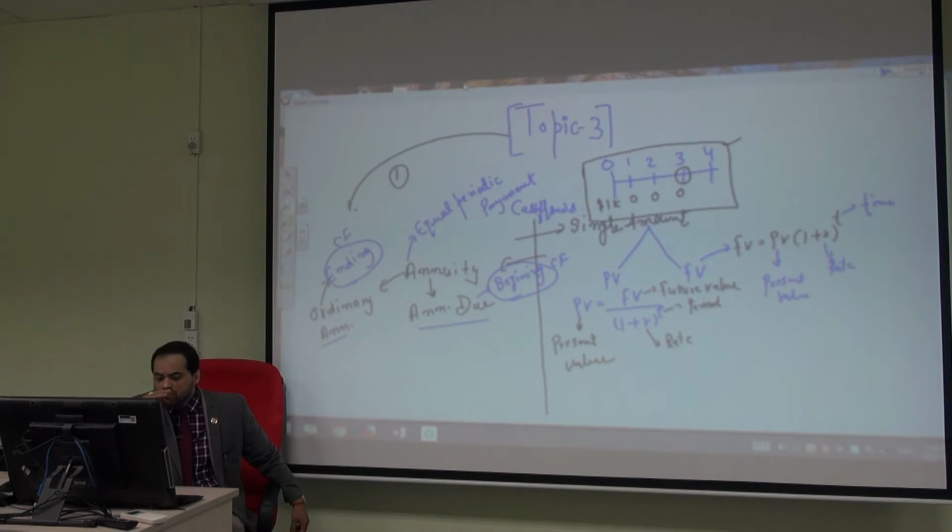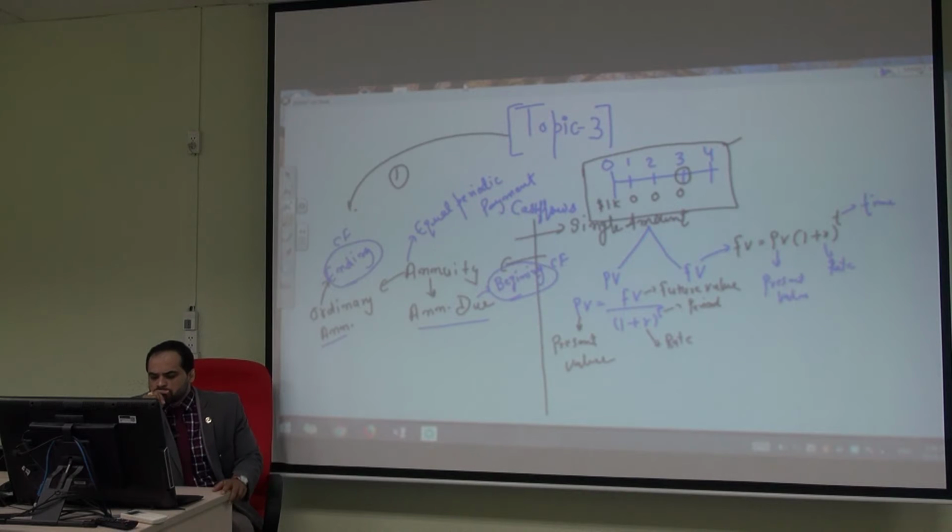Right? If you are making investment in the beginning of the period, such as 1st of January, 1st of February, or 1st of March, so what will be the value of investment at the end of March? Or future value. So in that situation, in that particular cash flow, we will apply annuity due.